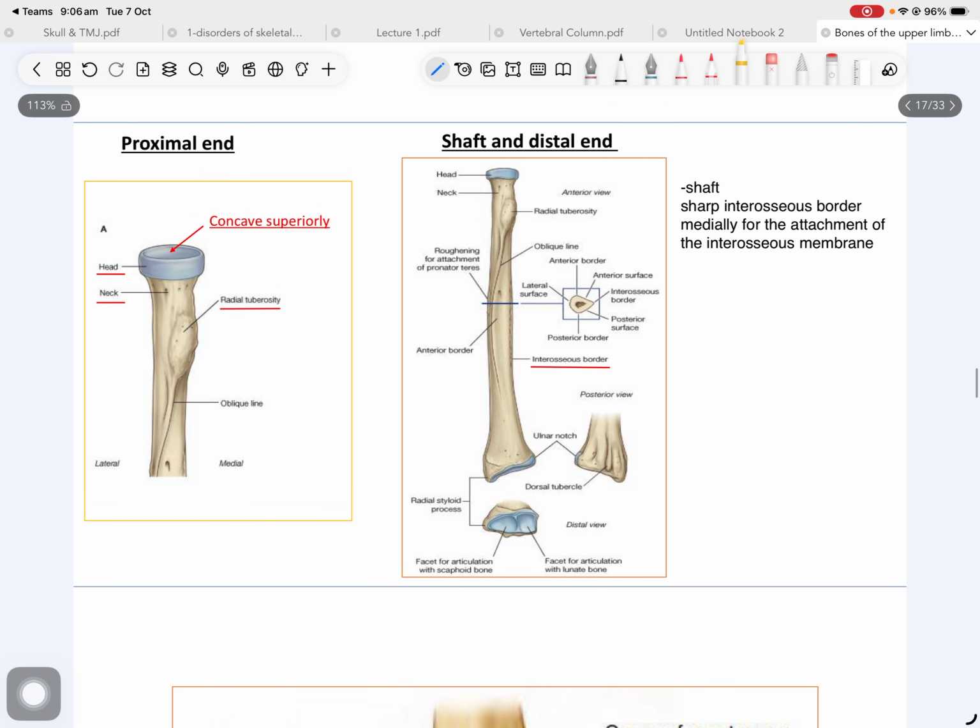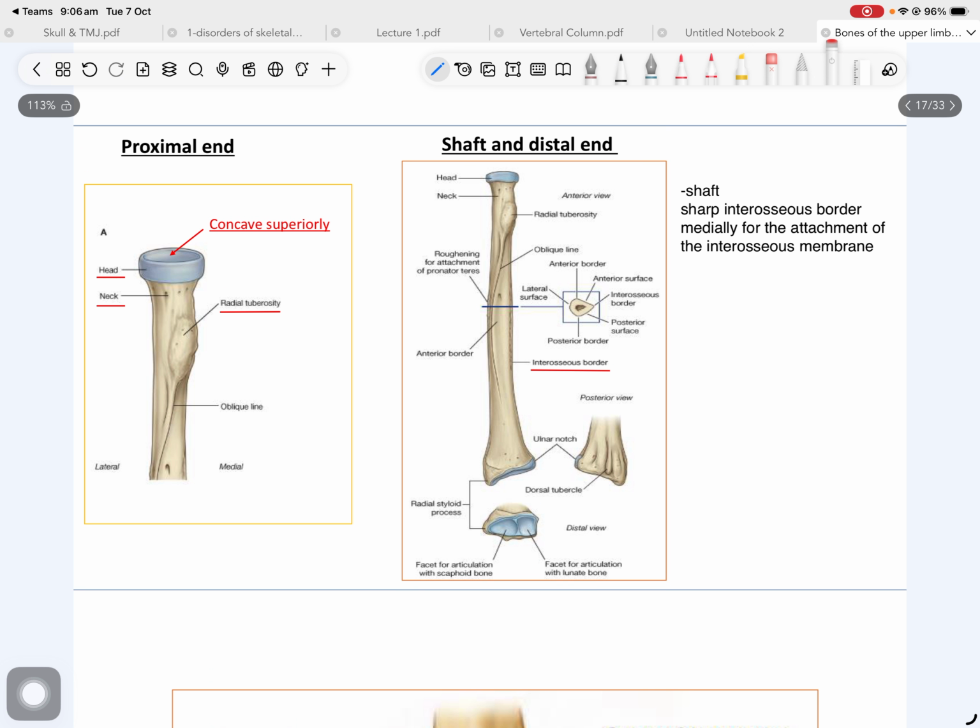Let's have a look at the proximal end of the radius. So here I have the head of the radius. On the top, I find a concavity. Why is there a concavity? To articulate with what? With the capitulum, which was like a ball. So it will come inside here, like a table.